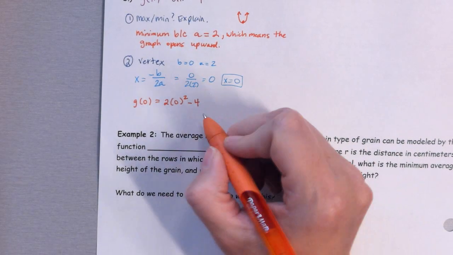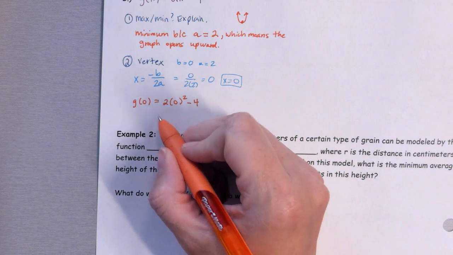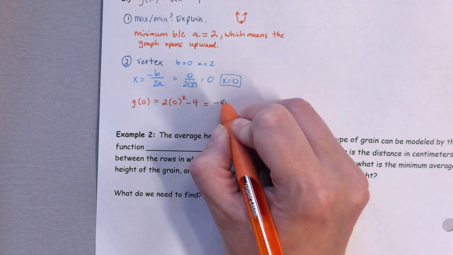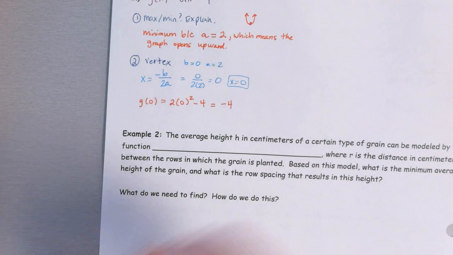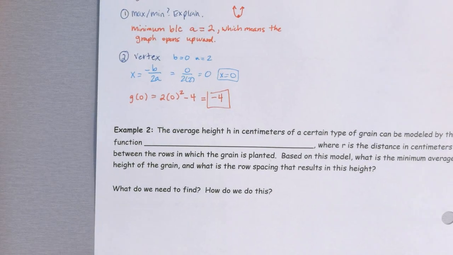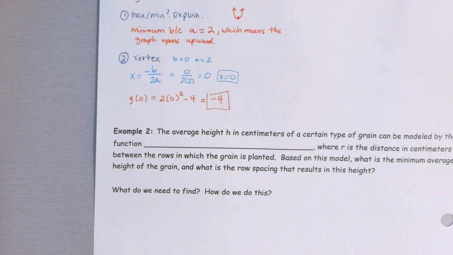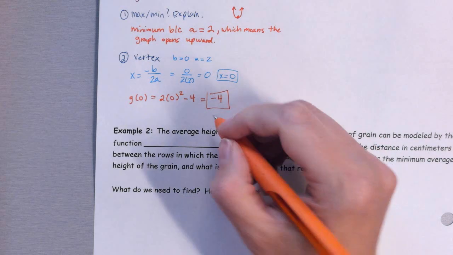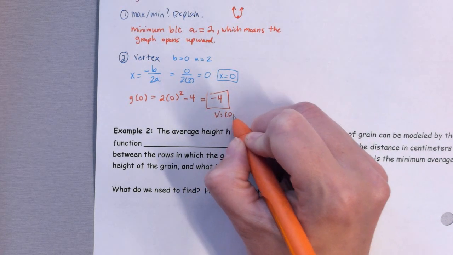So, because the x is 0, this point is not only the minimum, it's also what? Yeah, so your vertex is 0, -4.